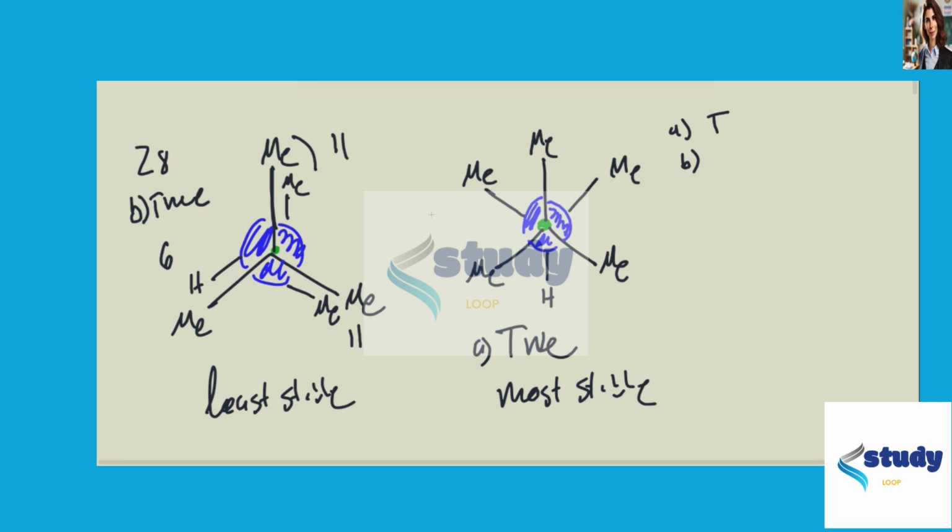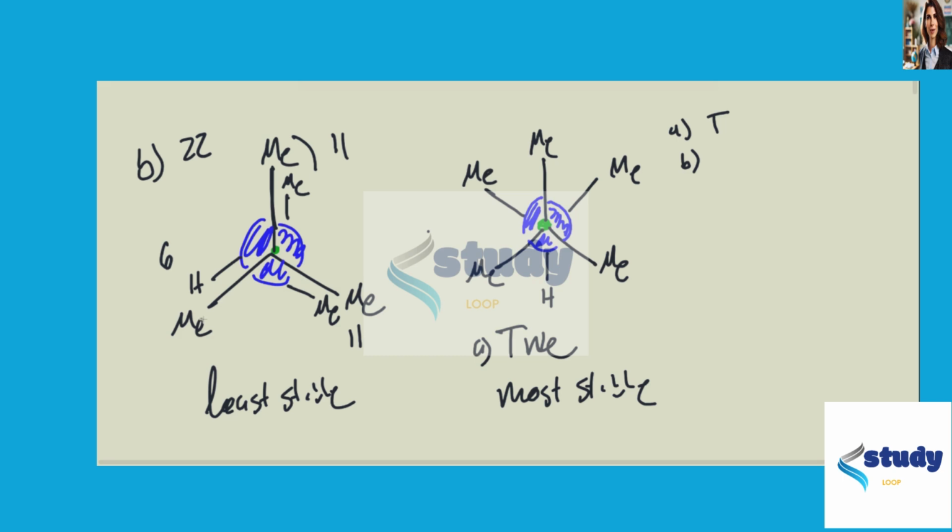C, the least stable conformation of the molecule has 22 kilojoules of strain energy. Okay, well, this is actually, okay, so B is not true. B is false. It has 22 kilojoules of strain, but it's not all torsional, right?